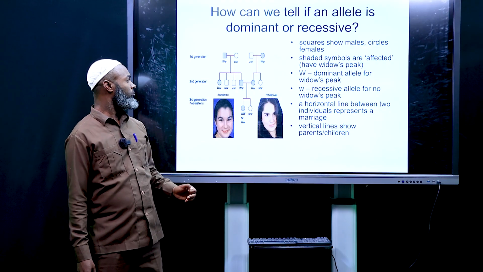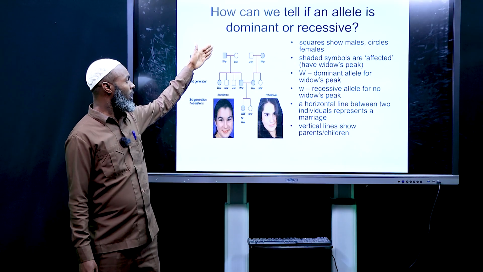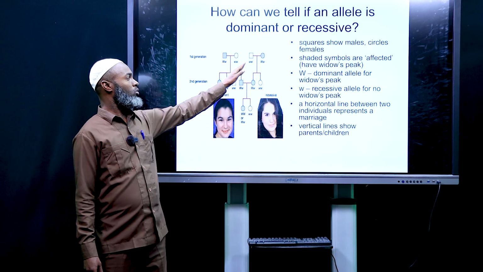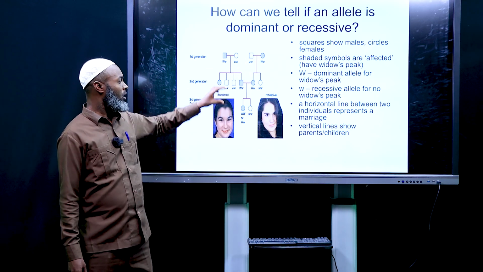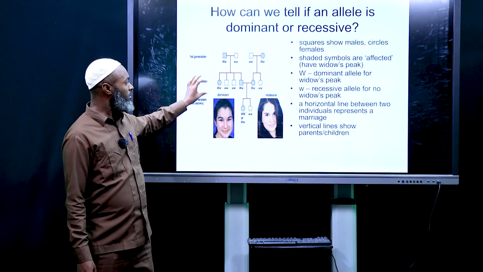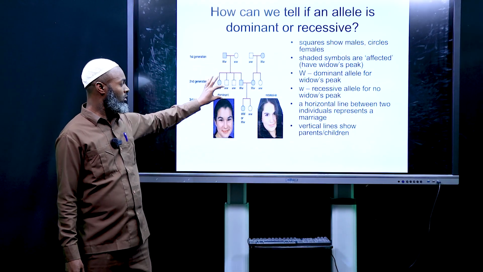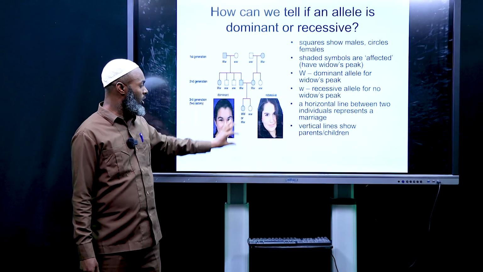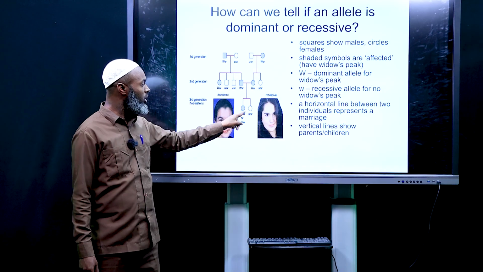So here we have capital W, small w, small w, small w, and small w, capital W, capital W. And at the end of the cross, the result will become WW, W small w, and small w small w.